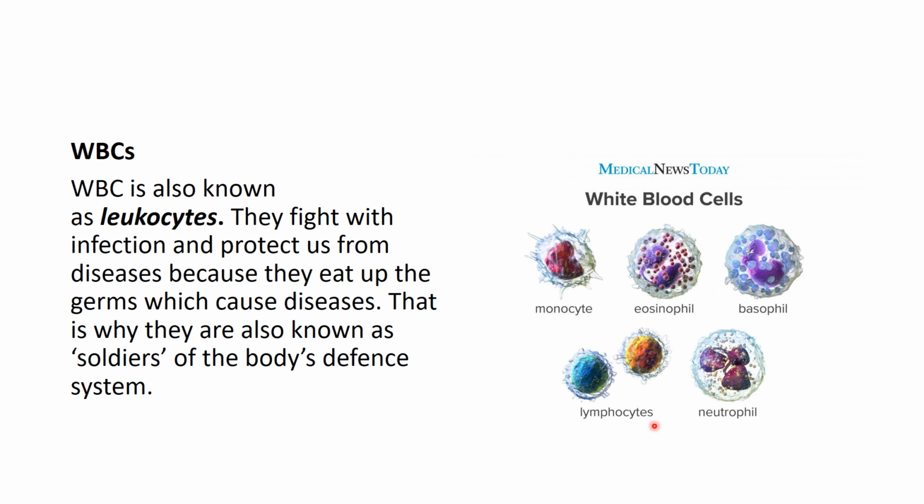And the function of these white blood cells is to fight infection and to protect us from diseases, because they eat up the germs which cause diseases. And that is why these are also known as the soldiers of the body's defense system.